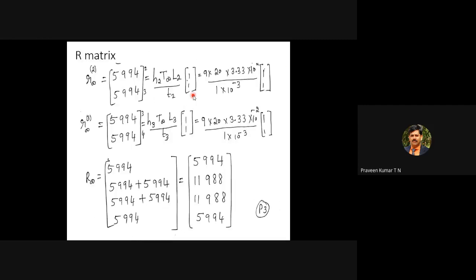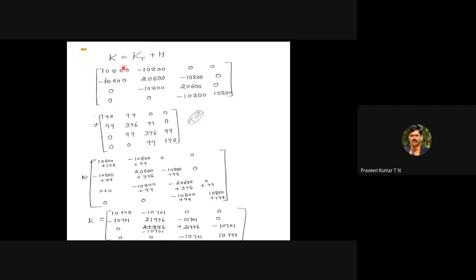There is one more difference in the step. So here on the left hand side, we have the K matrix, KT plus H. It is just element to element summing. You are not adding 10800 plus 198 in some odd way. It is not like taking some element from here and there. It is just matrix summation.